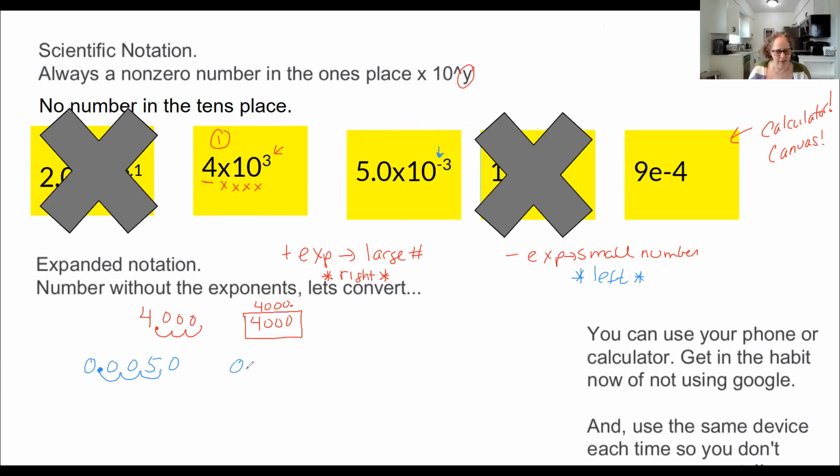0.0050. Now, should my answer be 0.0050 or 0.005? Let's go back. 5 is significant because I see the non-zero. This 0 is a trailing. It's on the right. If I see the decimal on trailing, it's significant. Don't count anything after the x. So I have 2 sig figs. So when I look down here, what is the other rule?